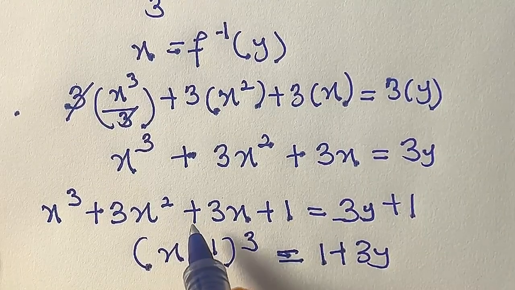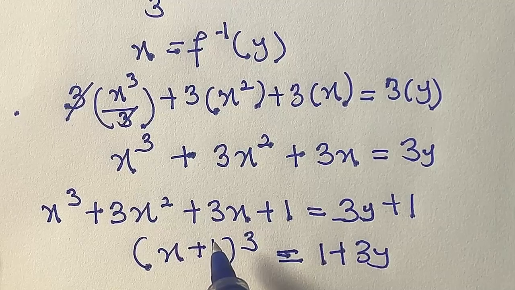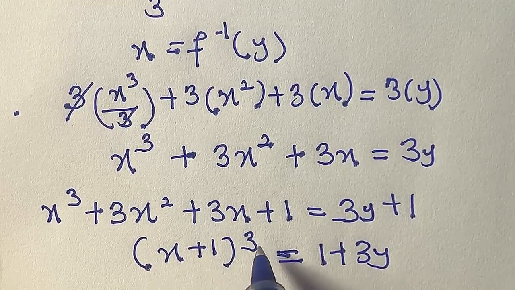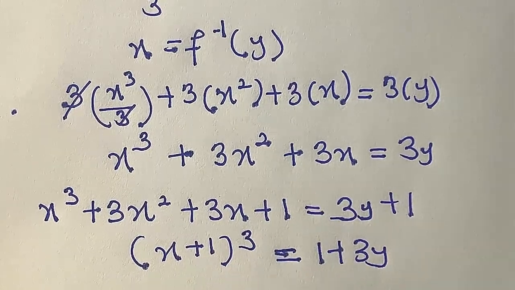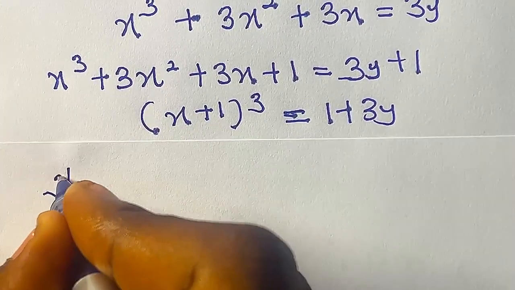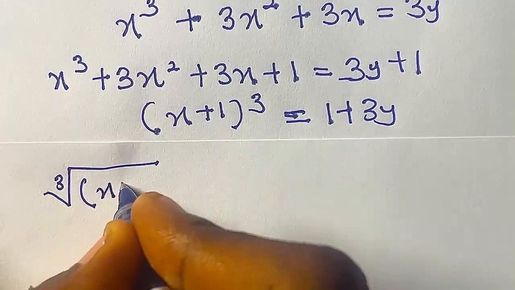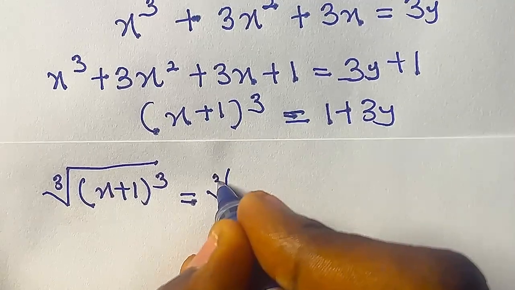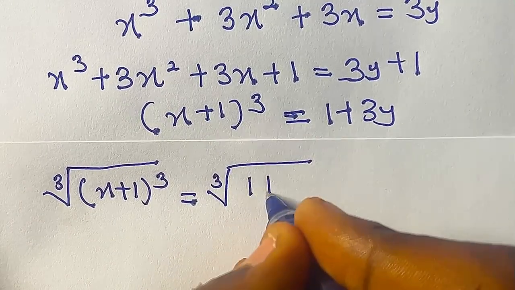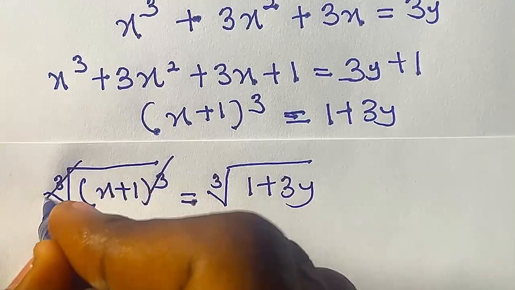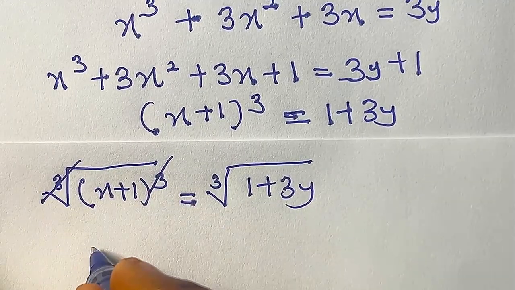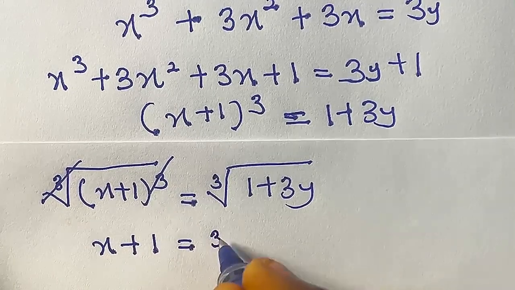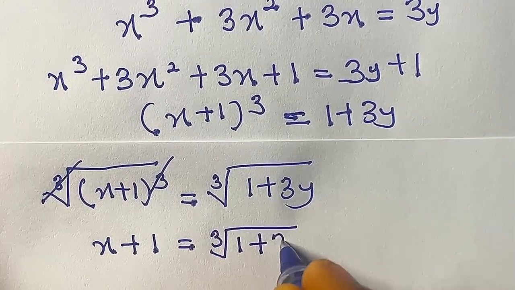Now we have to make x the subject of the formula, and to do that we take the cube root of both sides to cancel this cube. So we have the cube root of x plus 1 cubed equals the cube root of 1 plus 3y. This cancels out, so we have x plus 1 equals the cube root of 1 plus 3y.